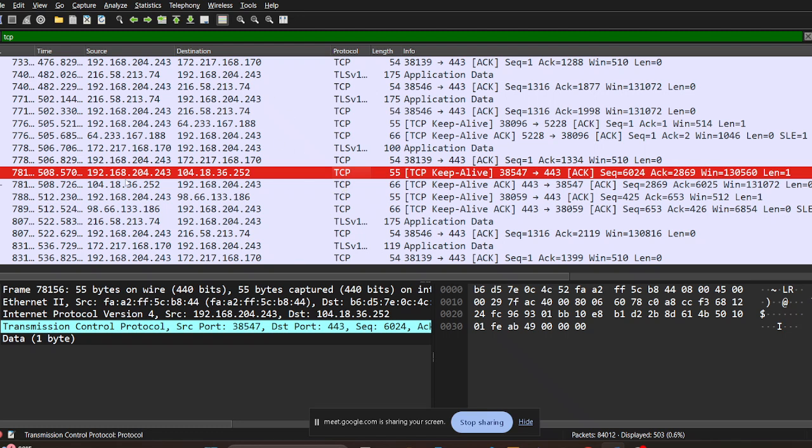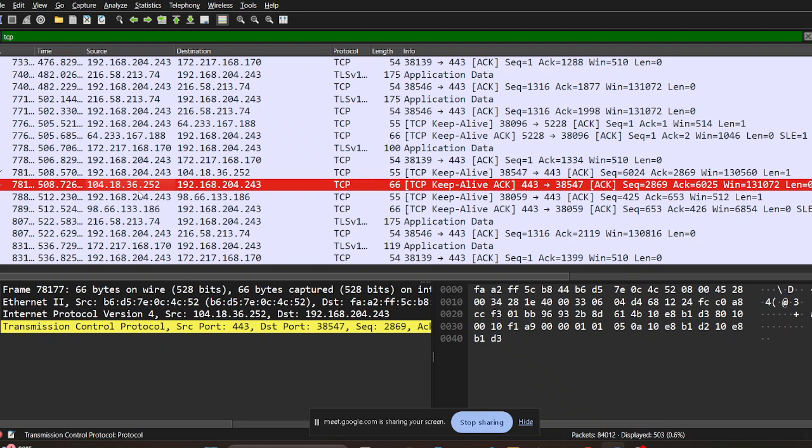So if we explore some of these things, so these are the IP addresses.